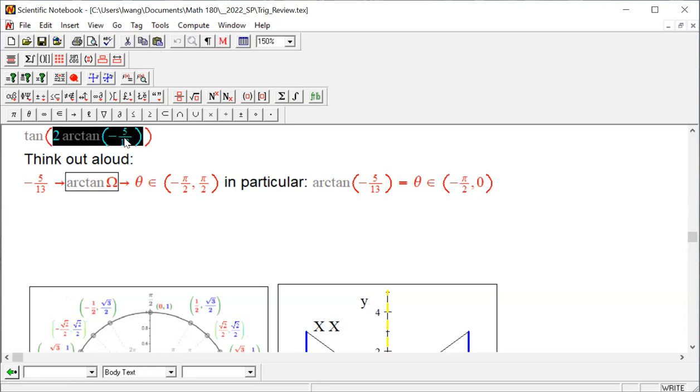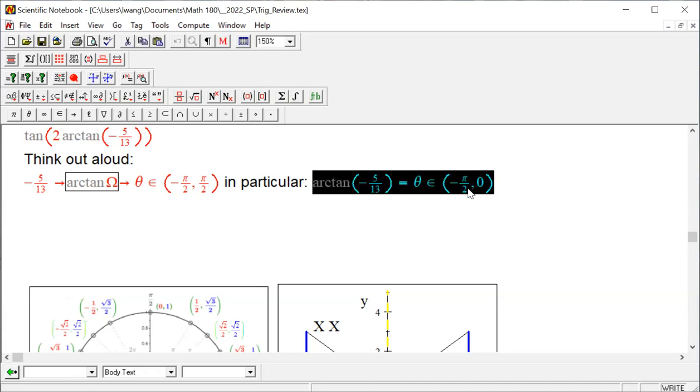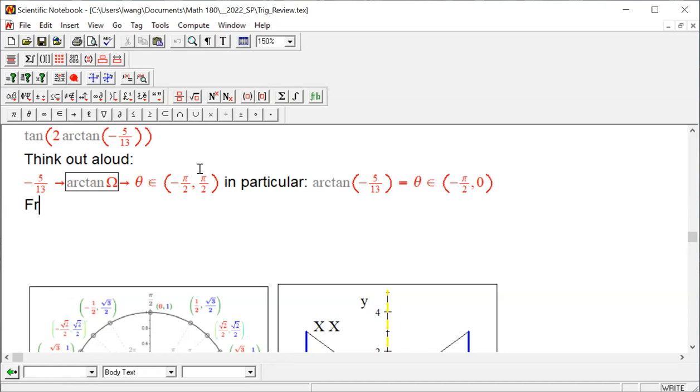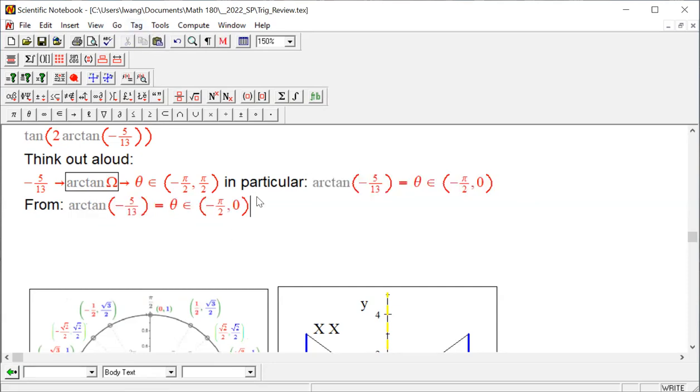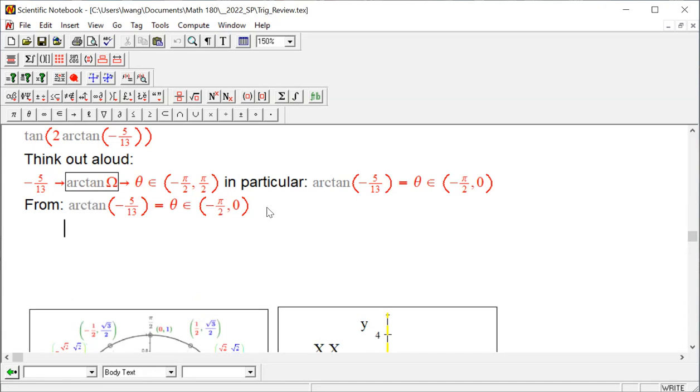And then we do the double angle. From this assumption, we know that tangent theta, with theta in the fourth quadrant, is equal to -5/13.